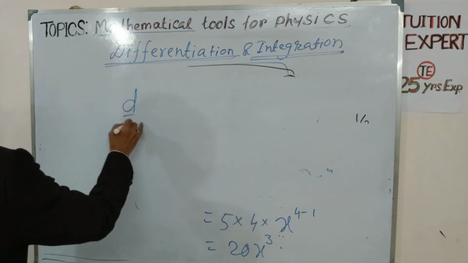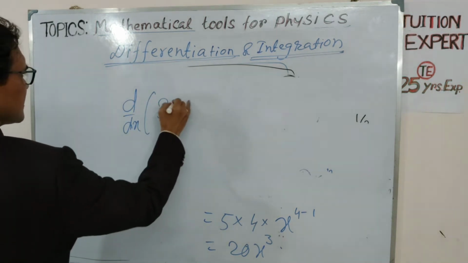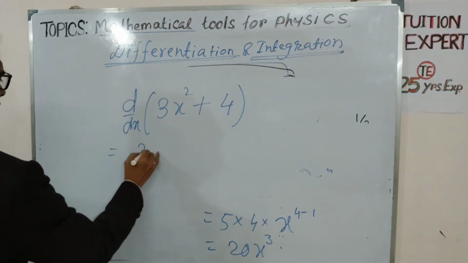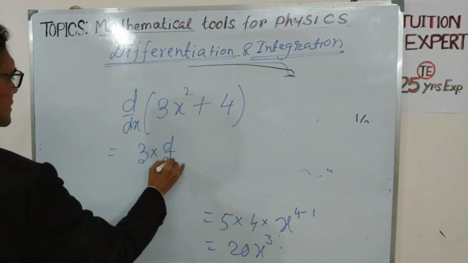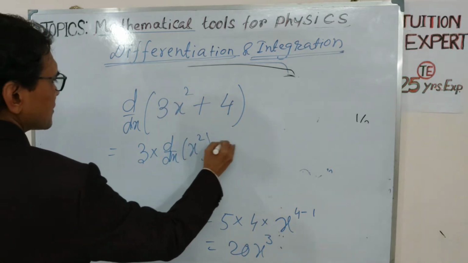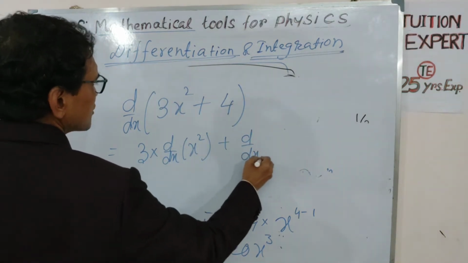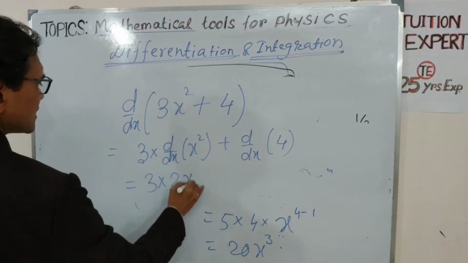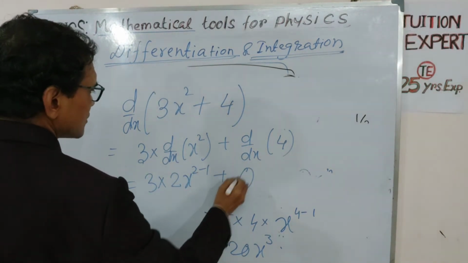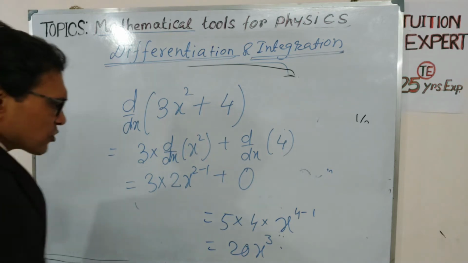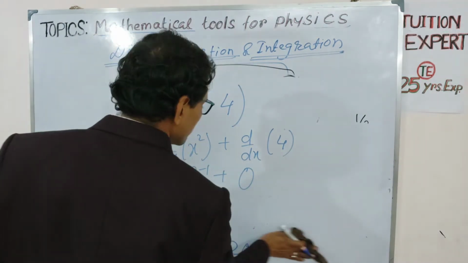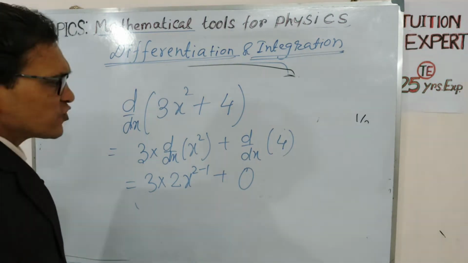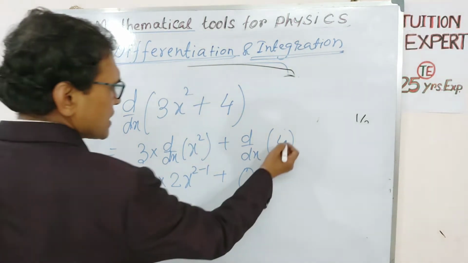Suppose d by dx of 3x squared plus 4, so 3 into d by dx of x squared plus d by dx of 4, that is 3 into 2 x to the power 2 minus 1 plus 0. Derivative of a constant term equals 0, because from the basic concept of differentiation, it means change of this term.